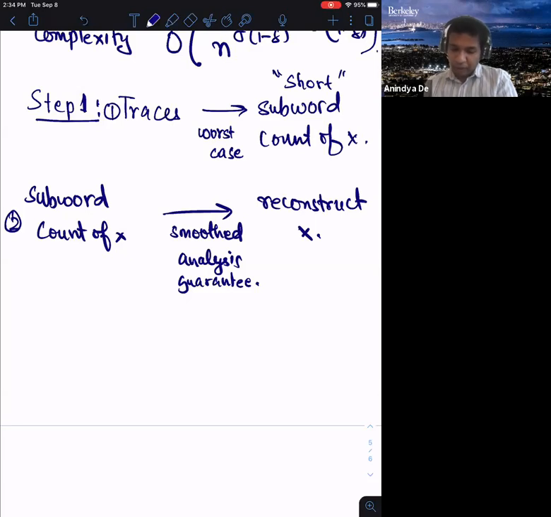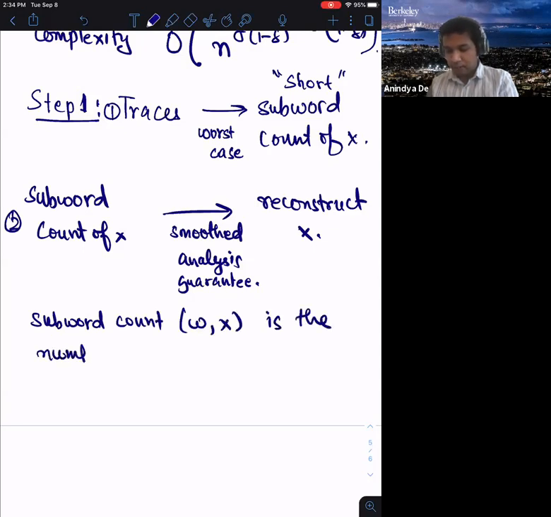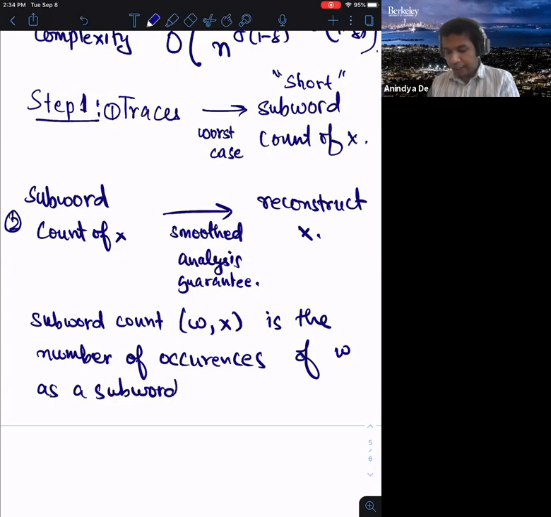Before I do that, let me just say what the subword count is. A subword count W_x is the number of occurrences of W as a subword inside X. Okay, so this is what a subword count means.